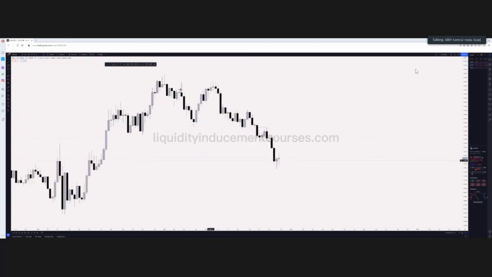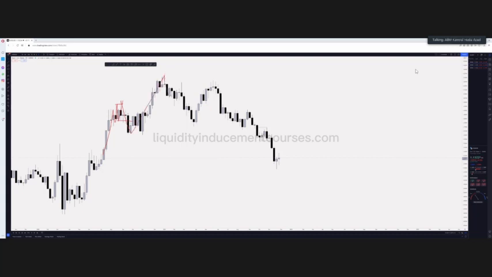Now, if you look at this weekly time frame, what do you have? You have some nice push, higher high, higher low, higher high, higher low, higher high. What's that? Fake BOS, inducement, expansion.